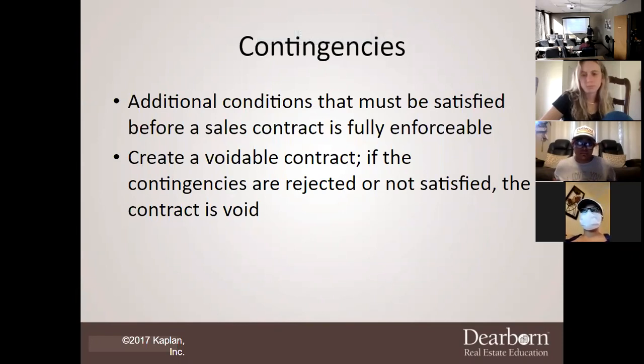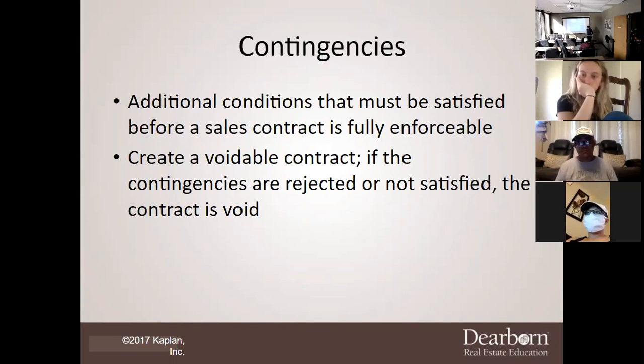So contingencies are additional conditions that must be satisfied to have a contract fully enforceable. It creates a voidable contract if the contingencies are rejected or not satisfied. So anything could be contingent. You can have a contingency for basically anything.